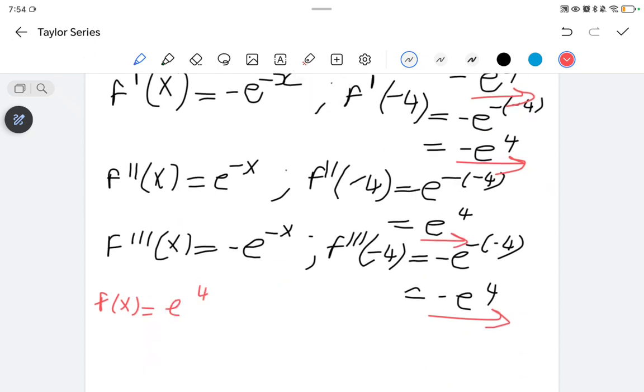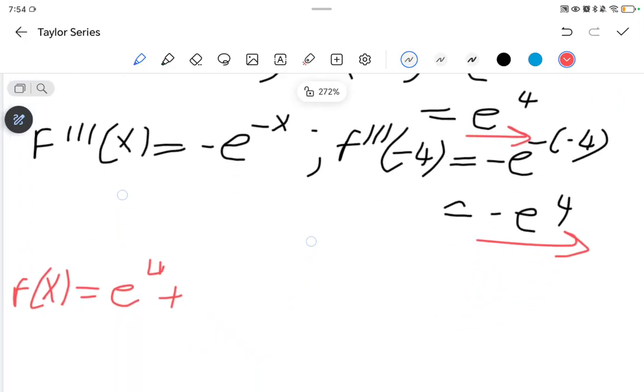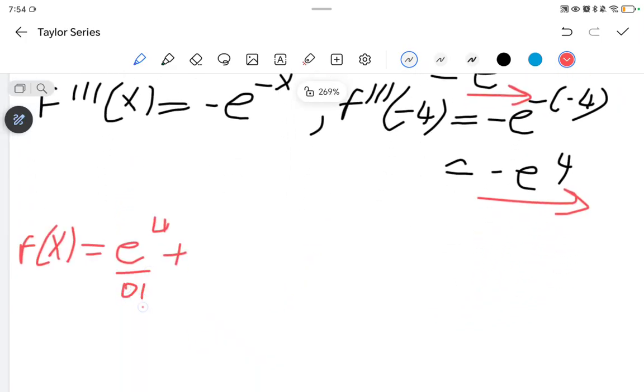Then plus, let me write it down here. Plus, so don't forget this is over 0 factorial.